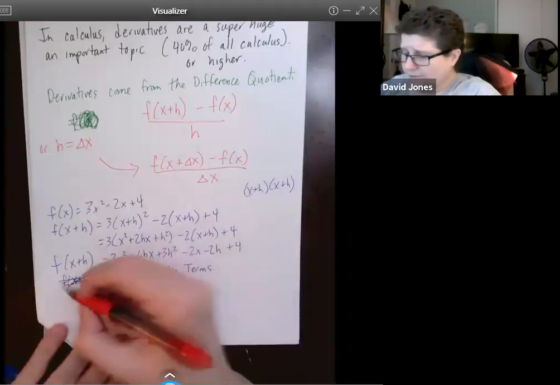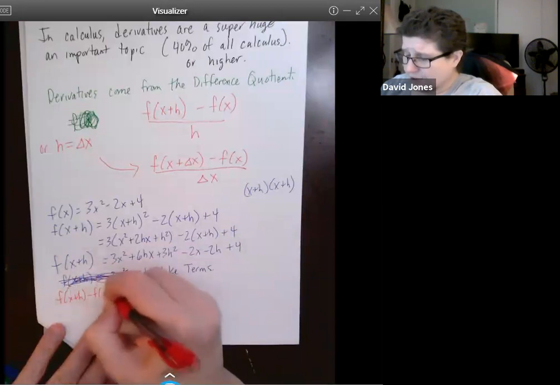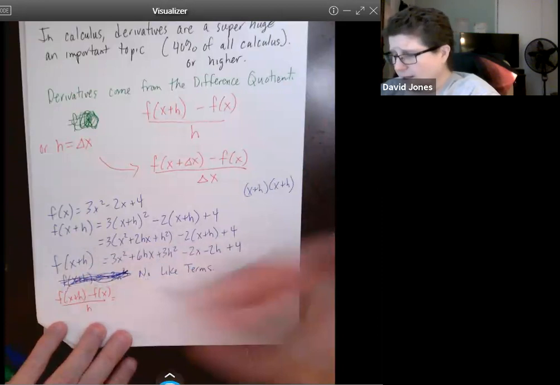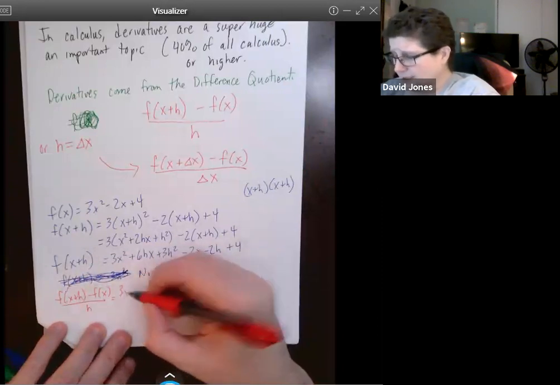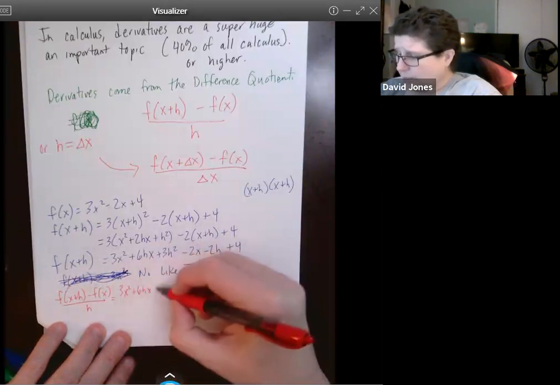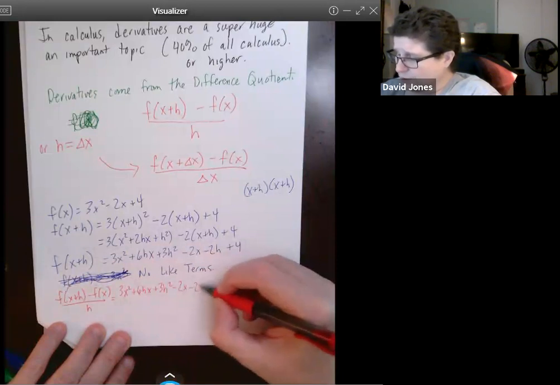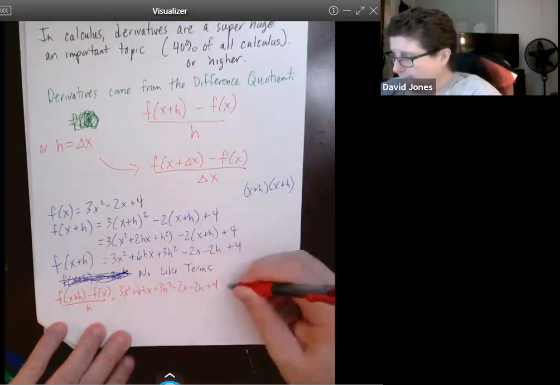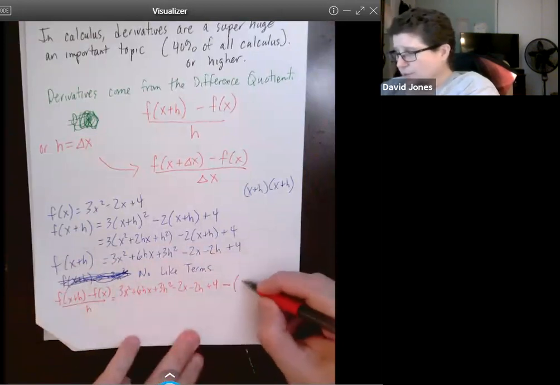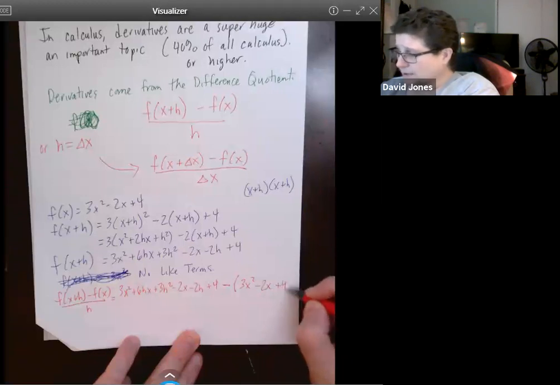Finally, we're going to do f of x plus h minus f of x over h. I've got 3x squared plus 6hx plus 3h squared minus 2x minus 2h plus 4 minus f of x, 3x squared minus 2x plus 4.